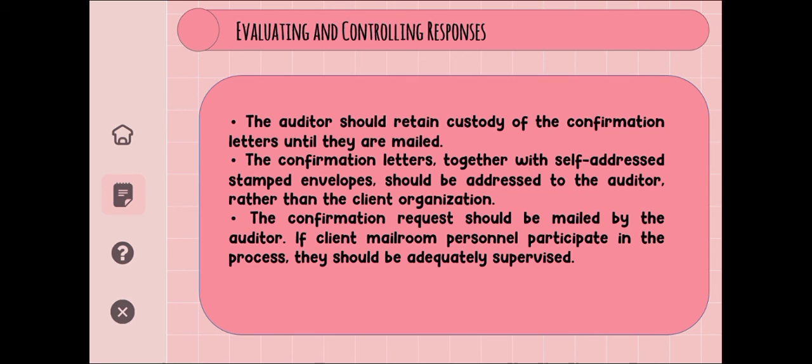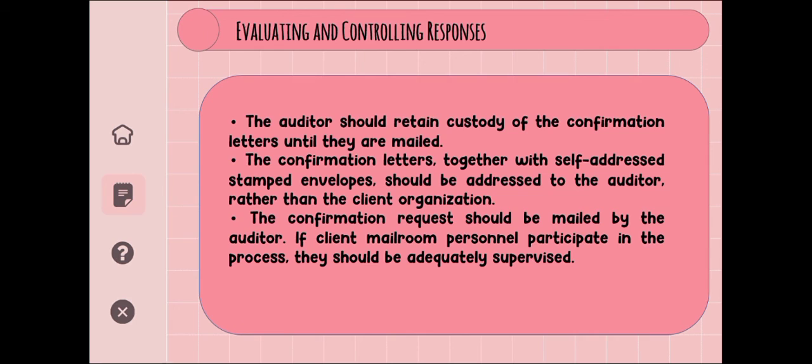maintaining control over the confirmation process is critical to its integrity. Evidence provided through confirmation is less reliable when contact between the auditor and the debtor is disrupted by client intervention. Thus, the auditor should retain custody of the confirmation letters until they are mailed.